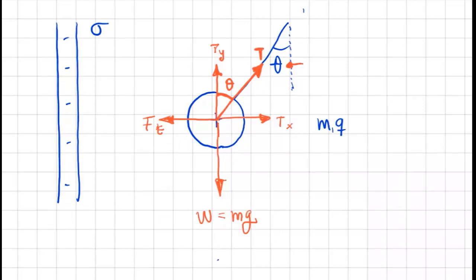And besides that, we have to know what is the electric field produced by the plane. We can do that real quick here. We draw a Gaussian surface like this.